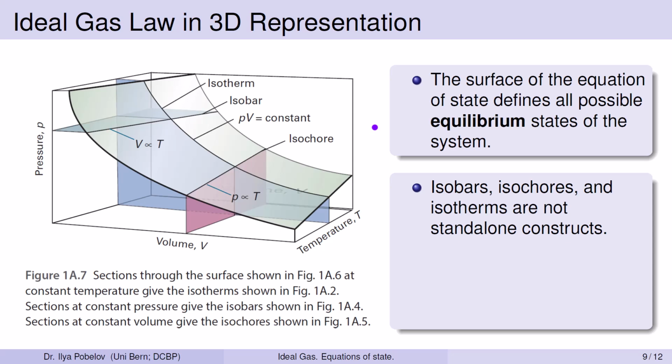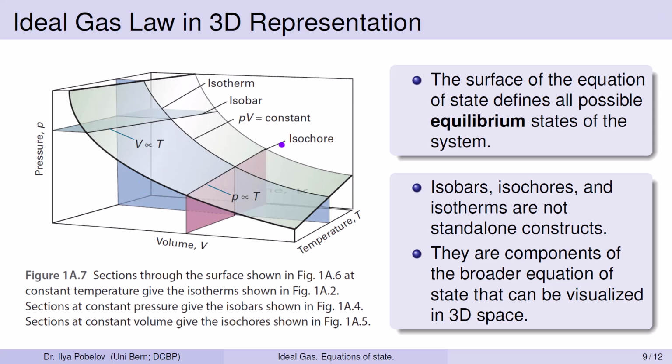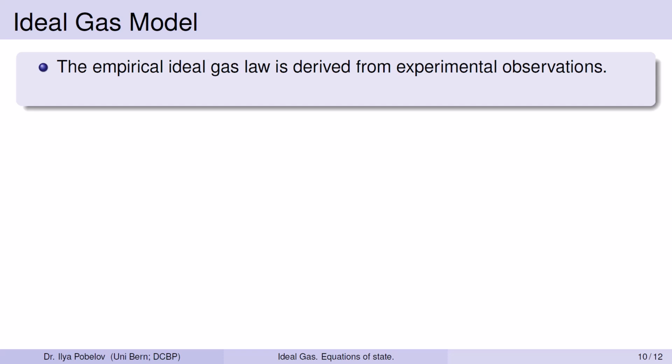What we would like to show by that is that the isobars, isochores, and isotherms are not standalone constructs. Rather, they are components of the broader equation of state that can be visualized collectively in three-dimensional space. Previously, we spoke about the empirical gas law.